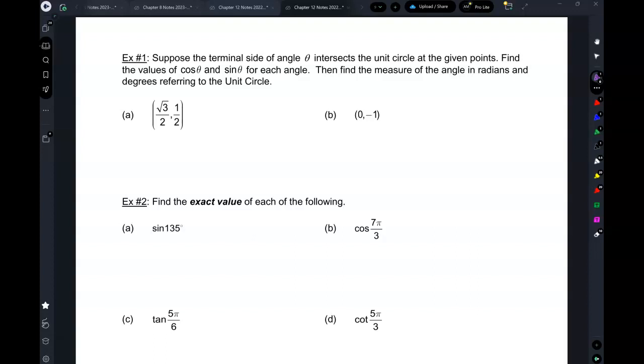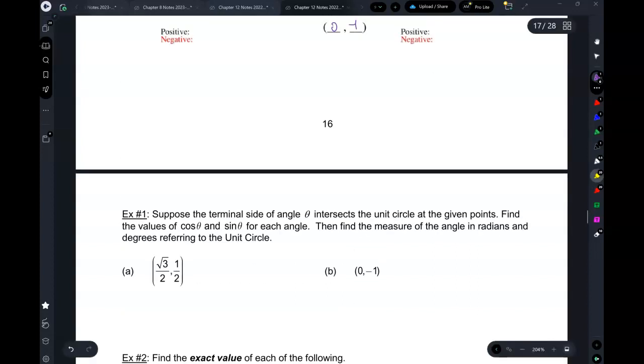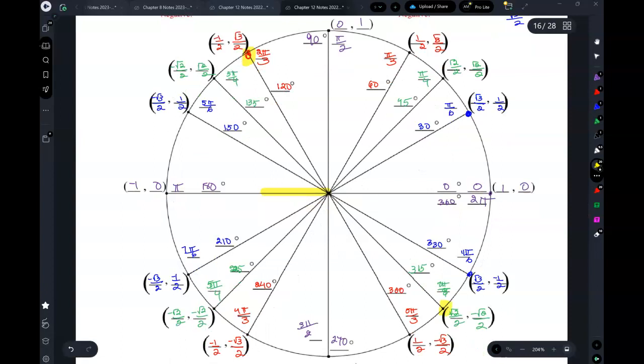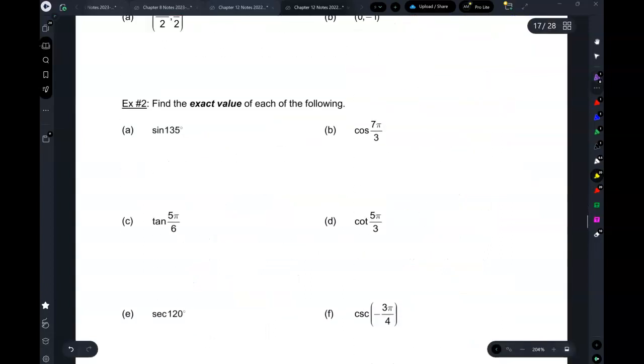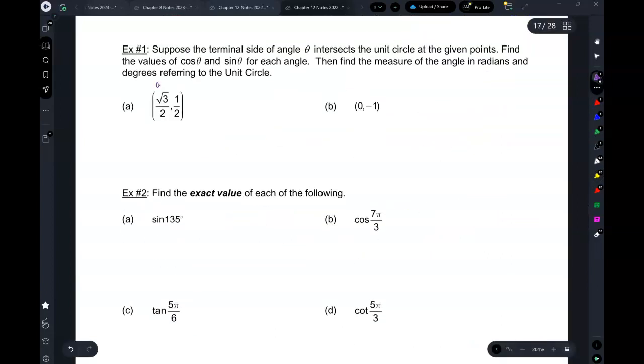Okay, so if this is the coordinate for where it intercepts, it's one of these coordinates. We know that the x value is always cosine and the y value is always sine. So we say cosine of theta is root 3 over 2. Sine of theta is 1/2.